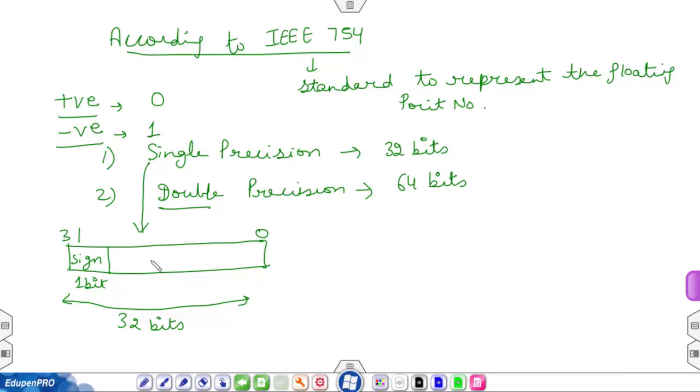After that comes the exponent field. The length of the exponent field is 8 bits. So 32 minus 8 minus 1, the remaining 23 bits, are used to represent the mantissa. This is the basic representation of a floating point number using IEEE 754.